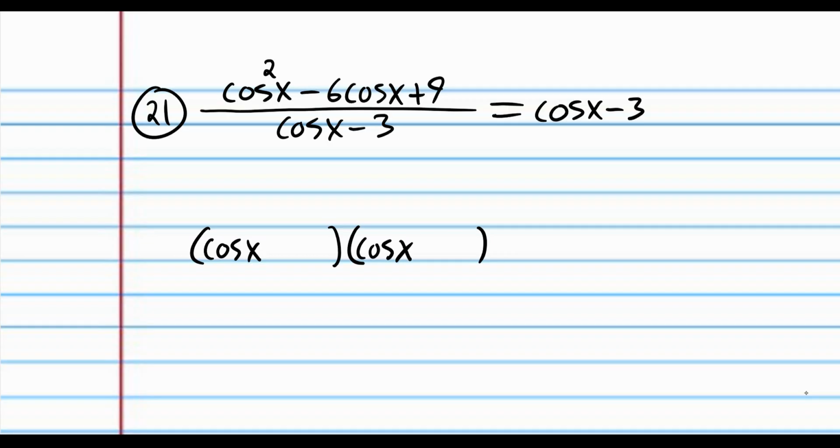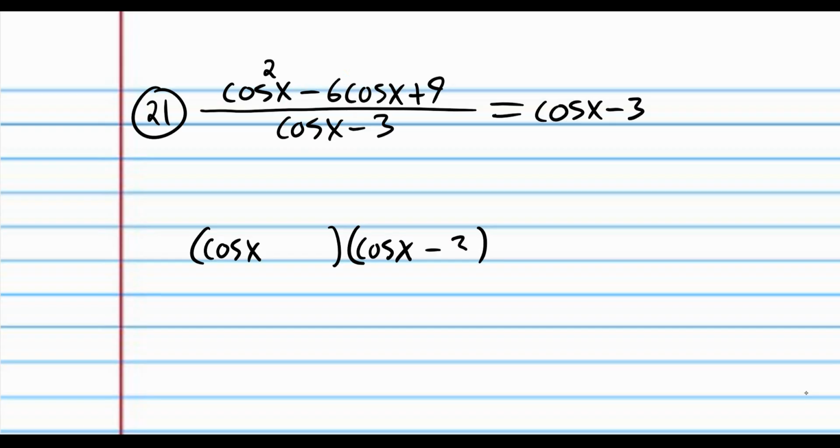But instead of x, it's going to be cosine x, and we're looking for two numbers that multiply to 9 and add to -6. The two numbers we're looking for, if you multiply them, you get 9, and if you add them, you get -6.